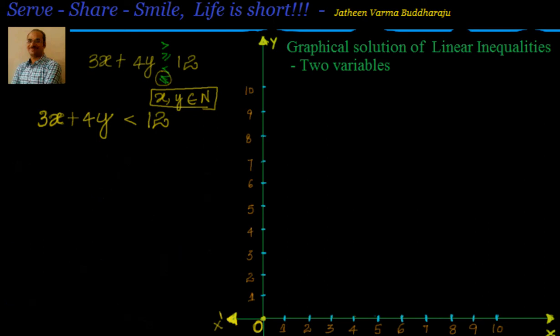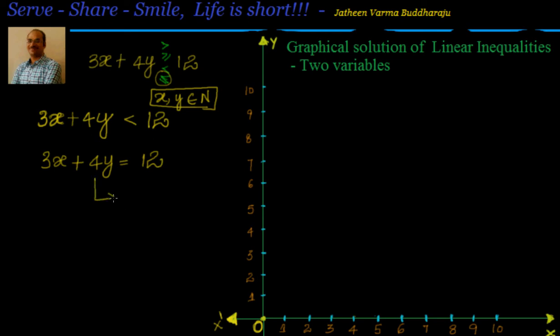To give the graphic solution of this linear inequality 3x plus 4y less than 12, the first step is to graph the equation 3x plus 4y equal to 12, which you know is nothing but a straight line.